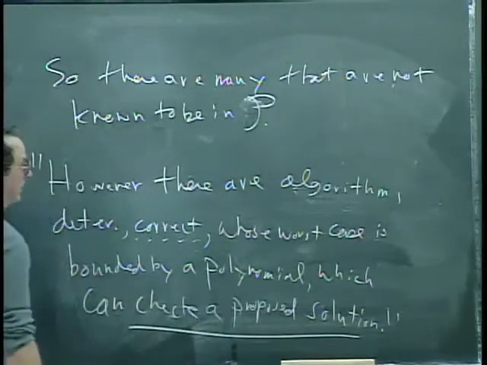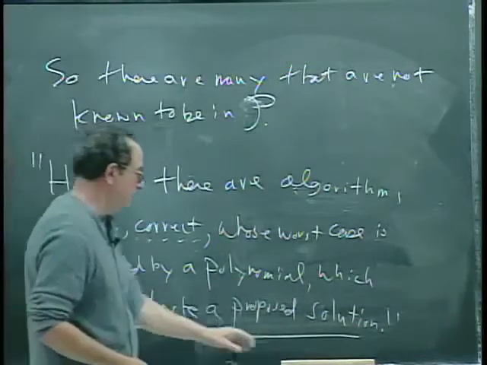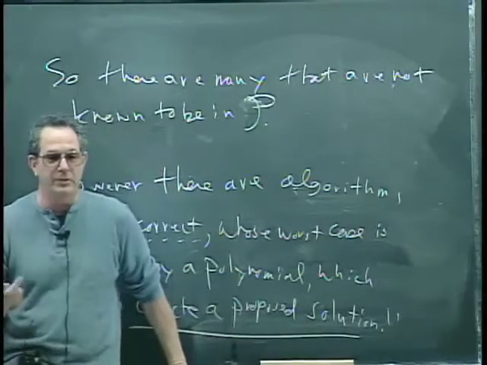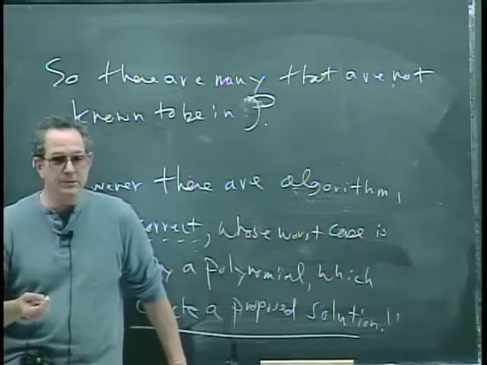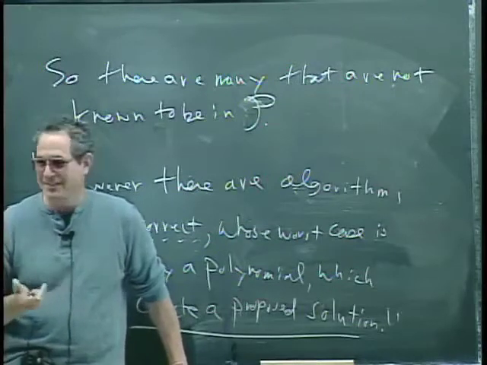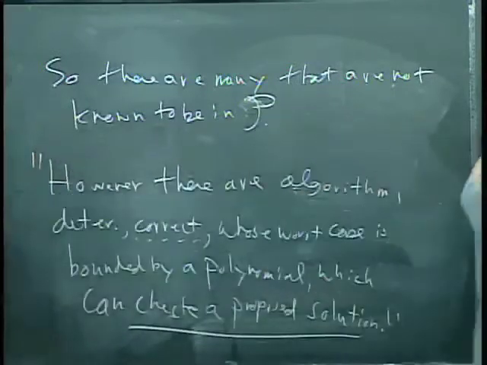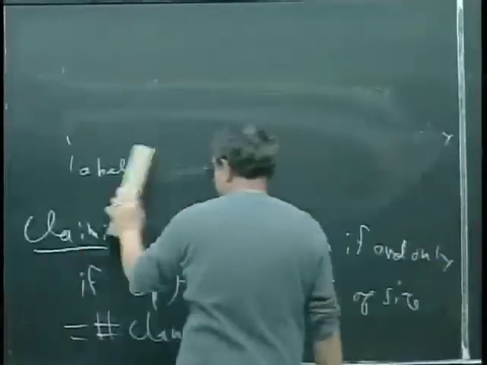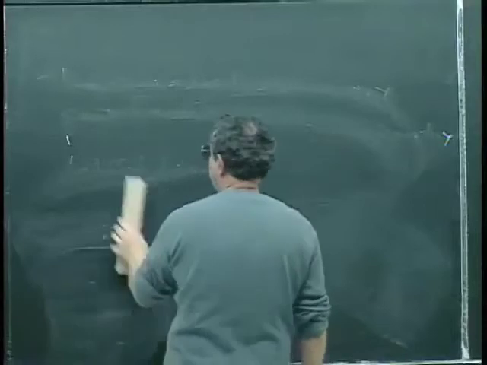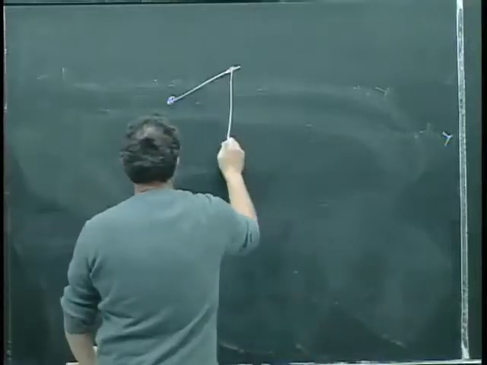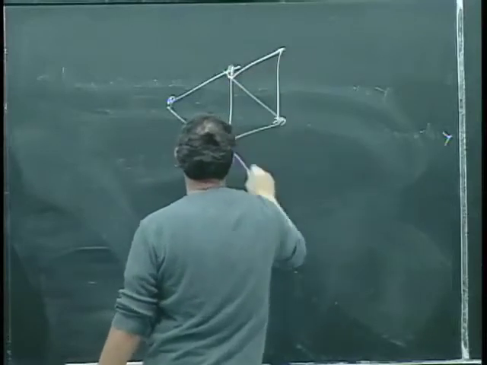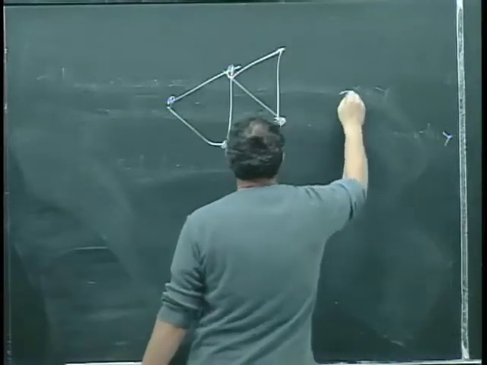So let's think back. Take your favorite of these three problems that we've talked about: independent set, vertex cover, or satisfiability. Who has a favorite? Okay, vertex cover, good. So in the vertex cover problem, an instance of vertex cover is a graph and a target, 3.